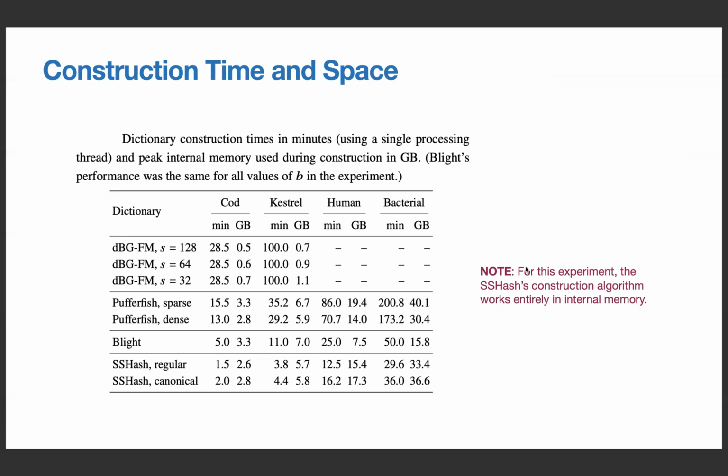So the entire construction happens in internal memory for SSH, and that's why RAM usage is high, as reported here. Generally, as you can see, it's much higher than that of blight, usually by a factor of 2, and comparable to that of pufferfish. But this actually has changed in the latest releases of the library, where we're using an external memory algorithm.